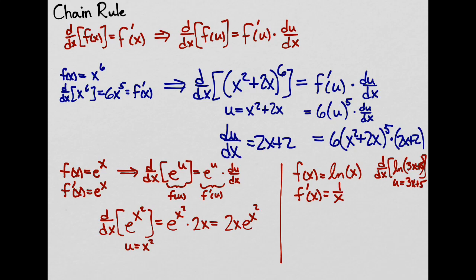And I get the value f prime of u, which is 1 over 3x plus 5. This is my f prime of u, times the derivative of u, which is 3. And so this is how the basic idea of my calculations using the chain rule are going to work. Now let's look at a little more complicated example.